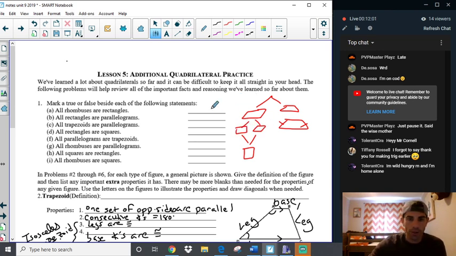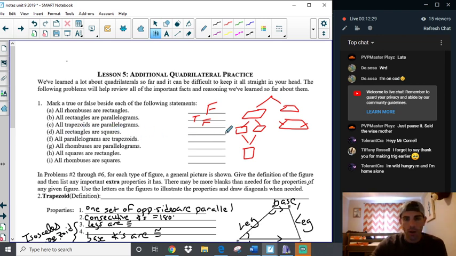Well, they're next to each other, so that one's going to be false. All rectangles are parallelograms. So again, if you can move up this tree, you're true, because the rectangle got all of its rules from the parallelogram. So you're going to say true here. All trapezoids are parallelograms. Here's your trapezoid. You're moving over, not up, so you're going to be false there.